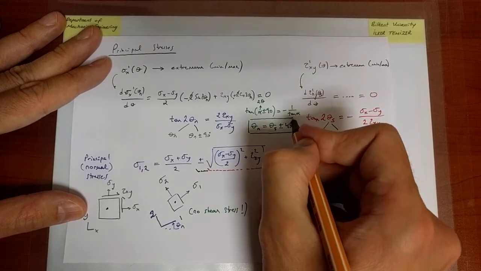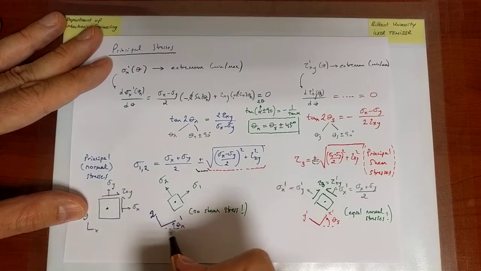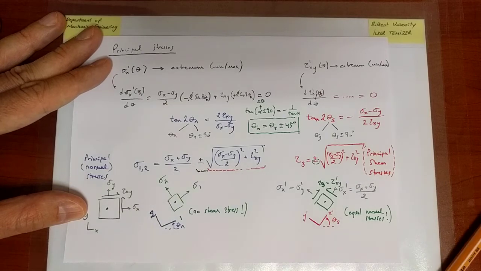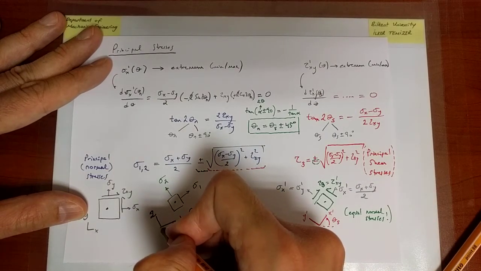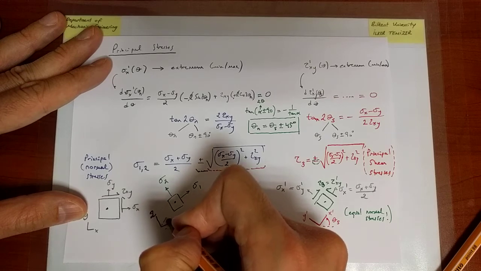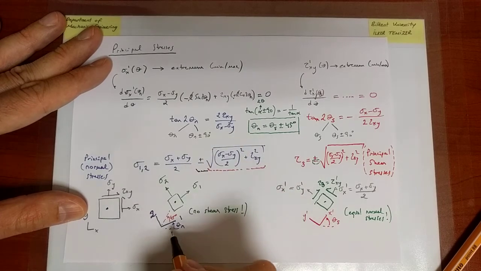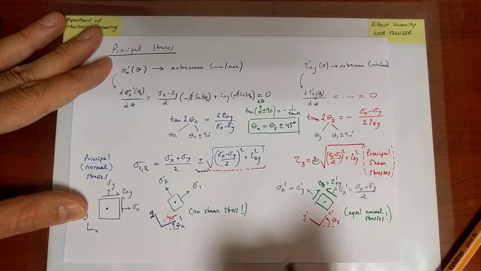Not 90, but 45. So in other words, if on top of that picture I rotate by, for instance, an angle of 45 degrees, I will reach that red direction.